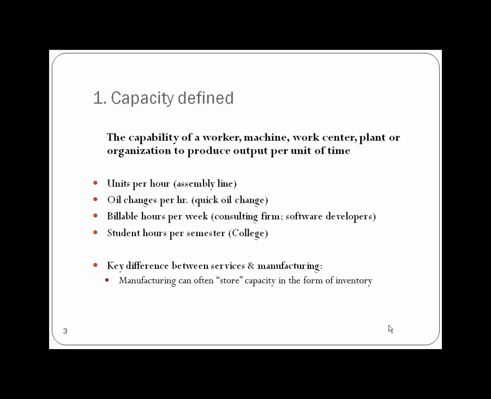Now, if you look at these different measures of capacity, one of them is relatively different from the others, and that's billable hours per week. All the other measures of capacity here look at capacity in terms of outputs. Billable hours per week, however, is looking at capacity in terms of the inputs. Why the difference?